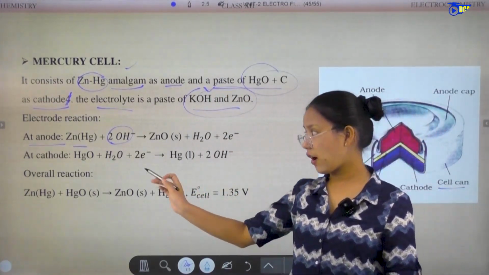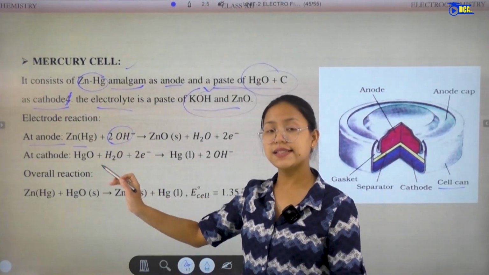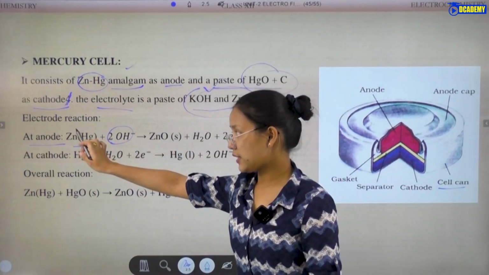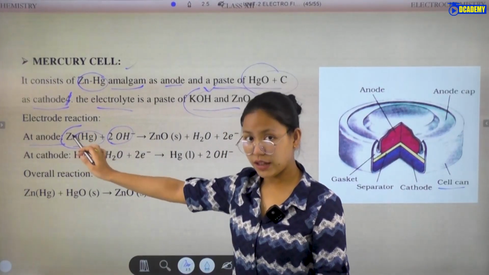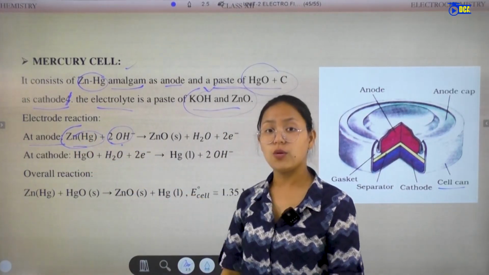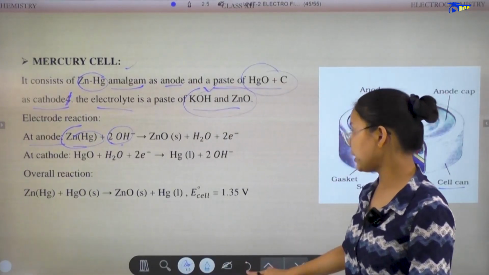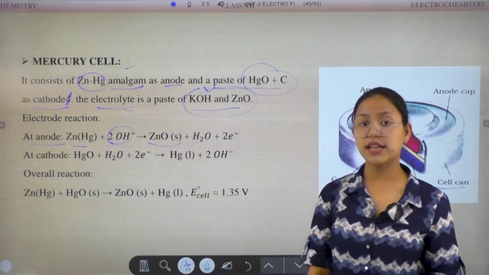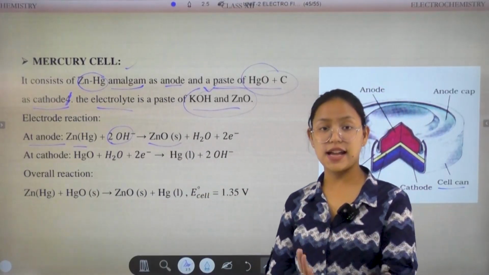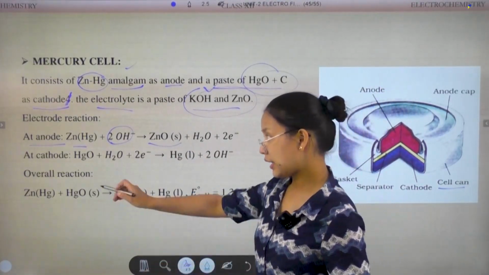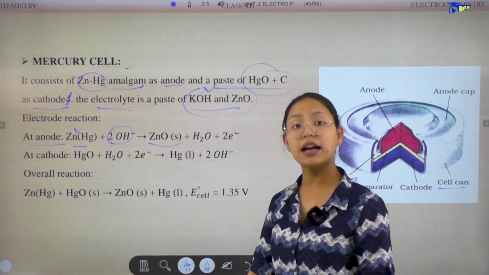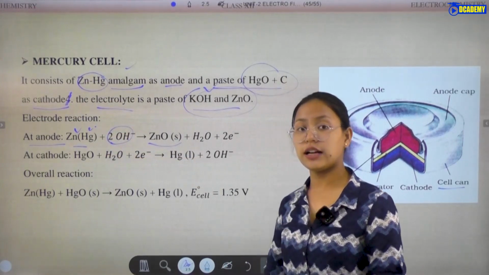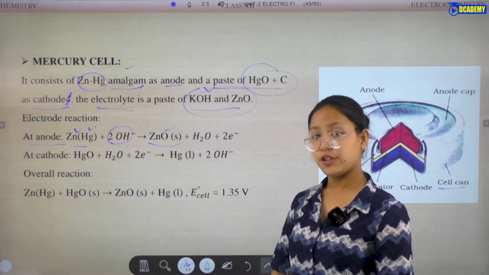Zinc oxide is formed, and zinc amalgam releases mercury.